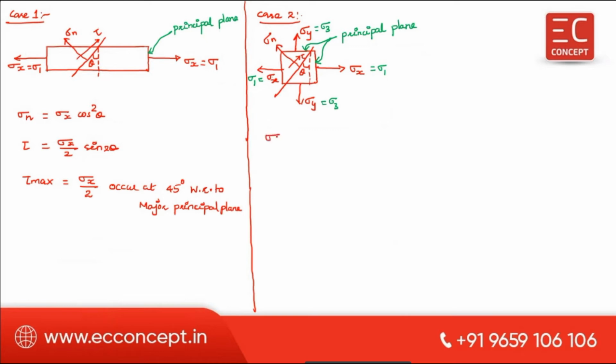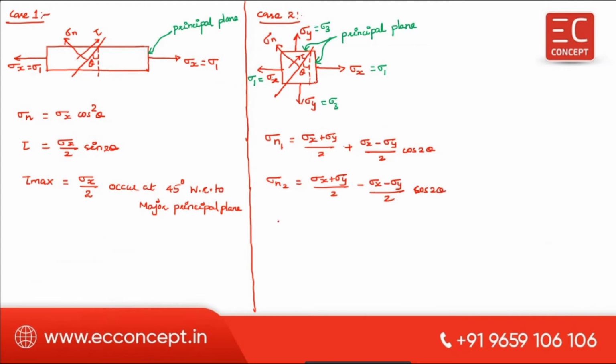Now there are two normal stresses: sigma n1, which is equal to sigma x plus sigma y divided by 2 plus sigma x minus sigma y divided by 2 cos 2 theta, and sigma n2, which is equal to sigma x plus sigma y divided by 2 minus sigma x minus sigma y divided by 2 cos 2 theta. This is sigma n1, this is sigma n2.